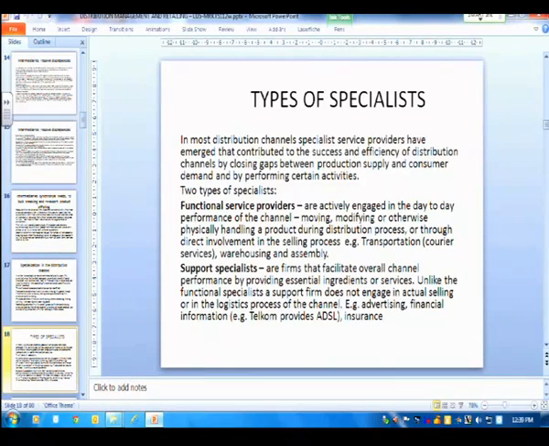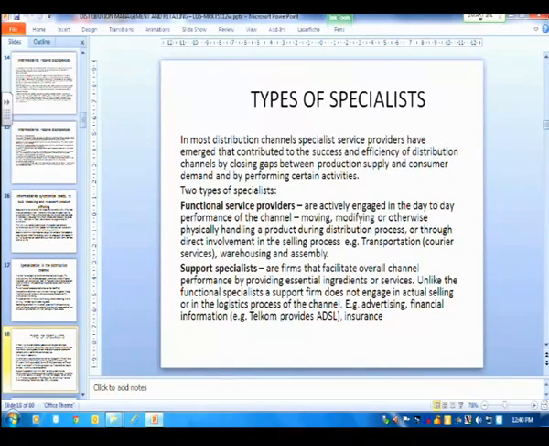In most cases, in distribution channels, specialist service providers have emerged that contribute to the efficiency of distribution channels by bridging gaps between production, supply, and customer demand by performing certain activities.